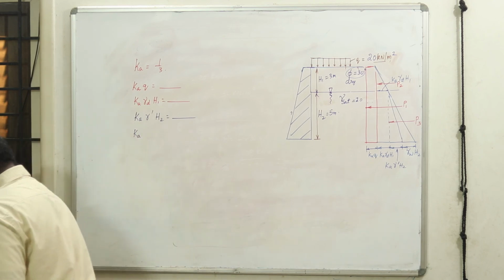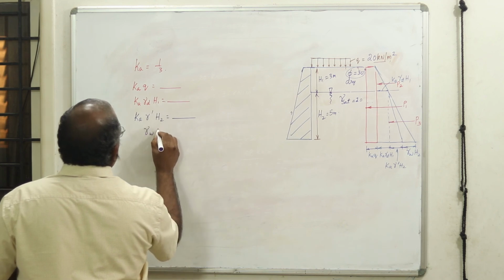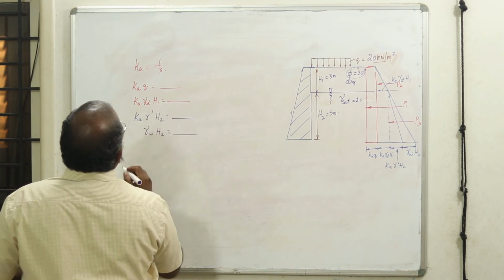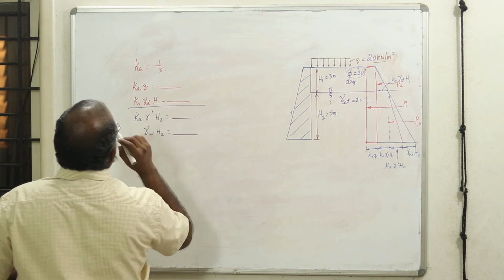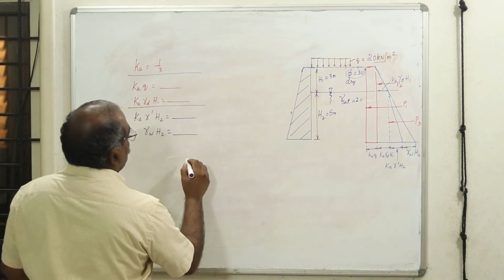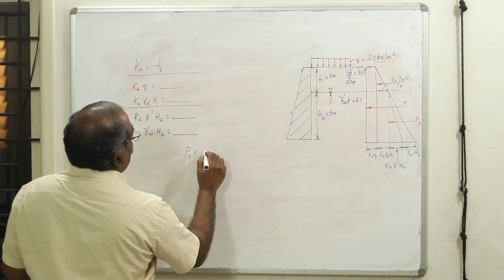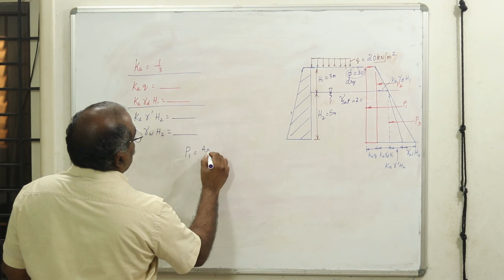For water table, you don't have K, you have gamma W into H2. This is below the water table and above the water table. If you can find out these quantities and substitute, you can find out what is P1, which is the area of the rectangle.